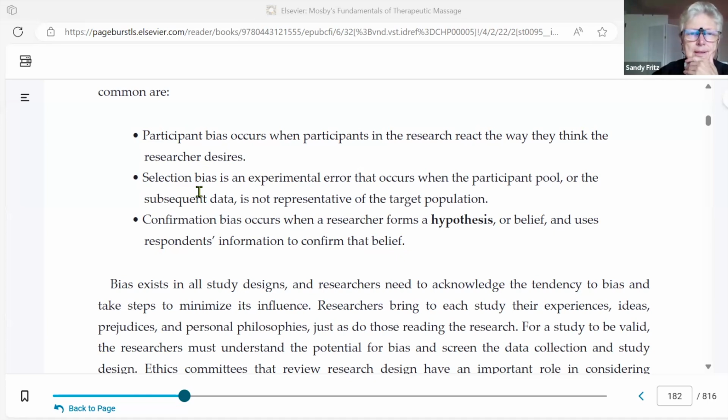Selection bias is an experimental error that occurs when the participant pool or the subsequent data does not represent the target population. We've got a problem with that outside of the scientific world in people indicating their level of success in working with clients, but they are selective about which clients they choose to work with.